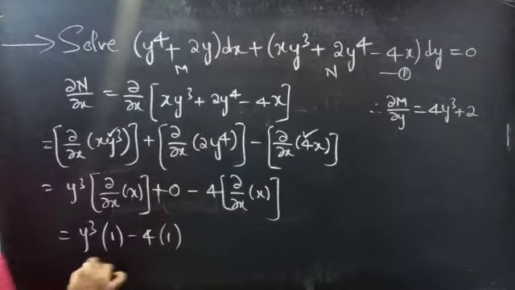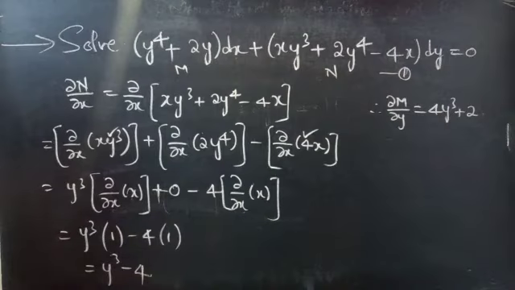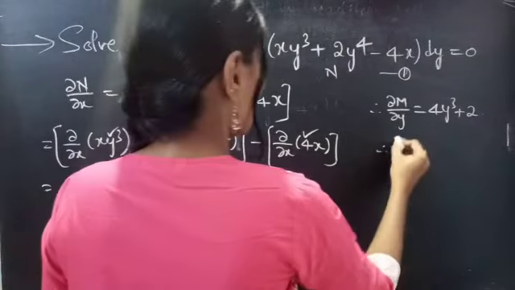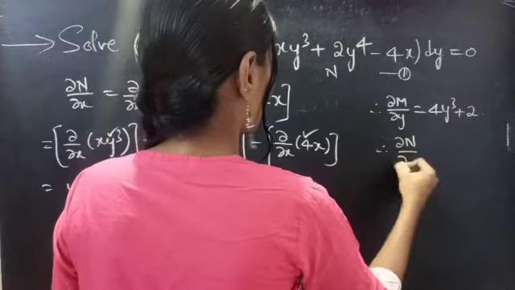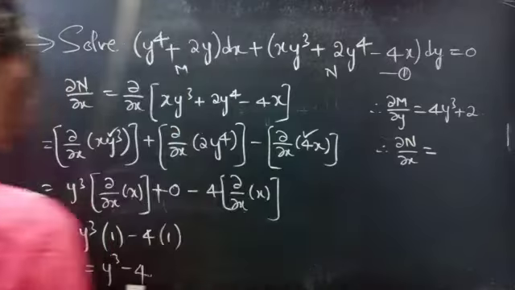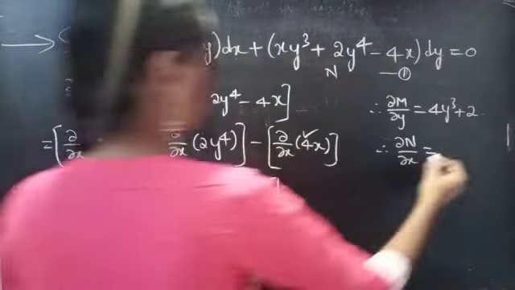That is y^3 times 1 minus 4 times 1, which equals y^3 - 4. Therefore, partial derivative of N with respect to x is y^3 - 4.